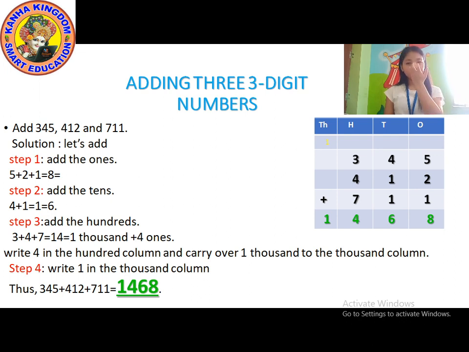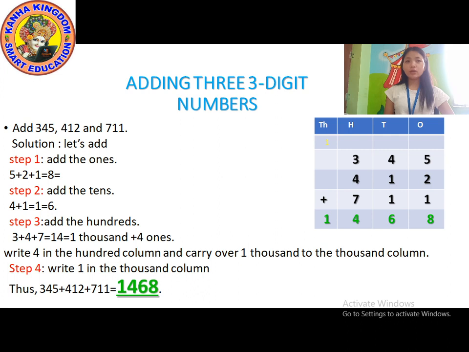We completed step 1, so we move to step 2: add the tens. That means we have to add the digits present in the tens place. In the number 345, 4 is in the tens place.